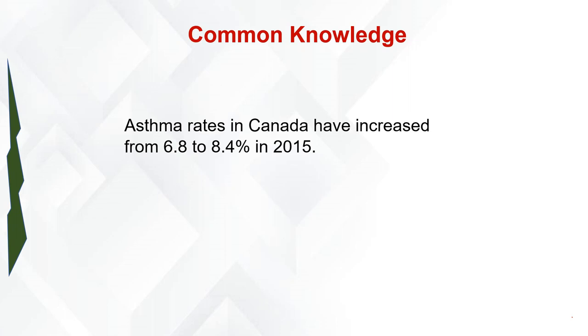Which means that someone has conducted this study to have all these facts. So he or she has studied that asthma rates in Canada range between 6.8 to 8.4% in 2015. That's a definite statement made by someone which will be protected by copyright, 100%.